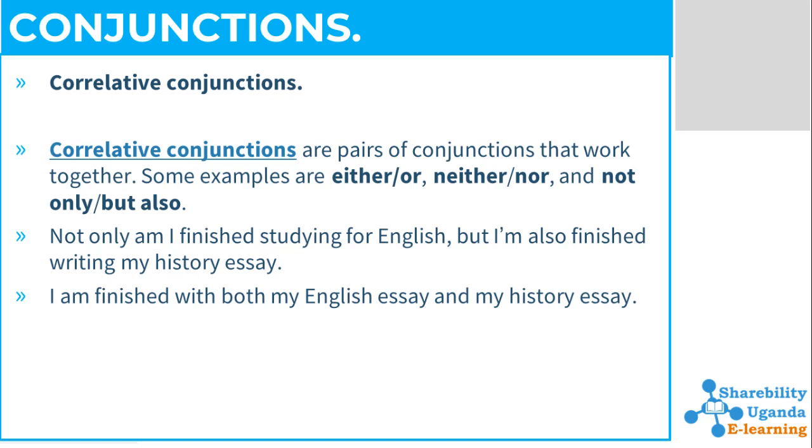Correlative conjunctions must use parallel structure, which means the two elements should take the same grammatical form. For example, not only am I finished studying for English, but I'm also finished writing my history essay. A simplified form would be, I am finished with both my English essay and my history essay.